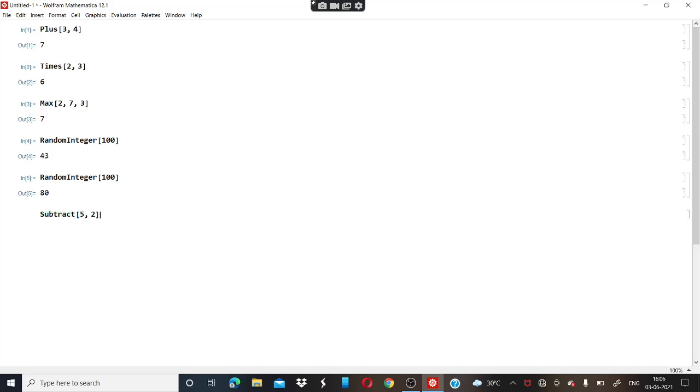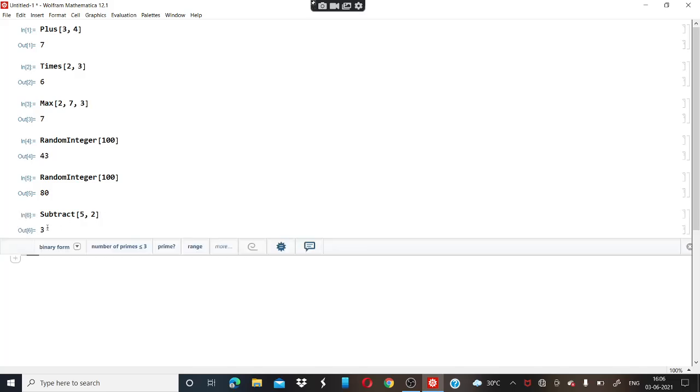Here the order is important. The order in which you write these numbers is important. So we generally use the ordered pair, meaning we want 5 minus 2, hence we write 5 first and 2 after that. Then we press Shift and Enter and we will get the result as 3.